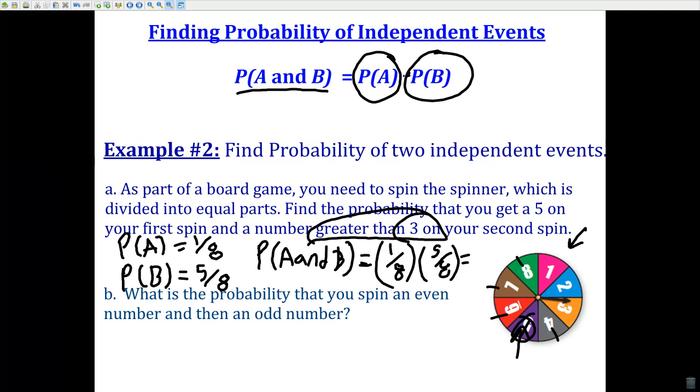I got 5 over 64. Oh, wow, that's a bad 5. There we go. 5 over 64. Should get 0.078. So that'll be 7.8%. Let's see if I can thin this out here.